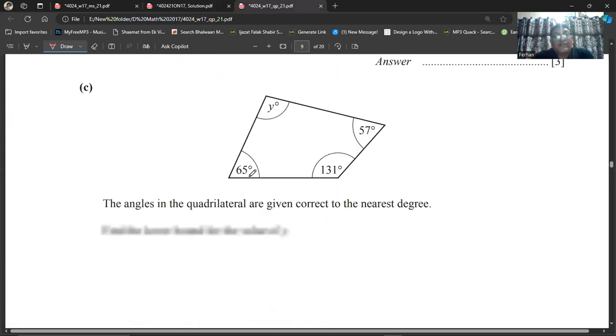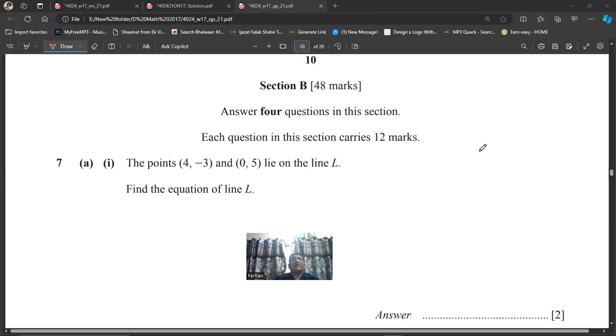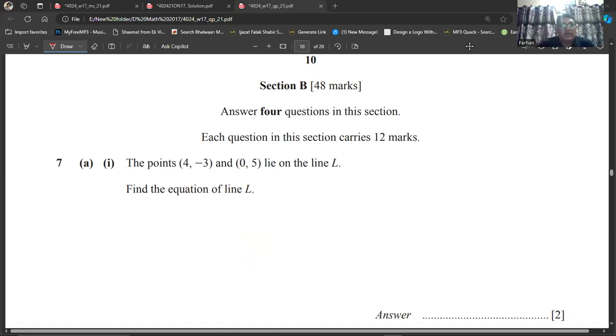So we are done with question number 6, and now we are going to question number 7. Question number 7 of this paper, A part, first portion. The points 4 comma minus 3 and 0 comma 5 lie on the line L. Find the equation of the line L. This is a 2 marks question, a famous question from coordinate geometry.